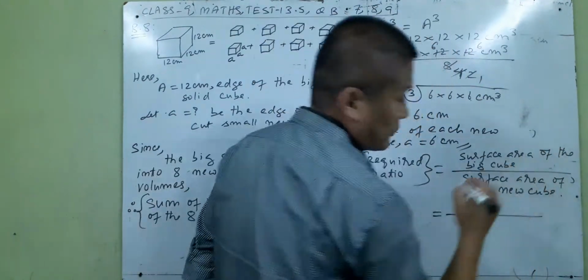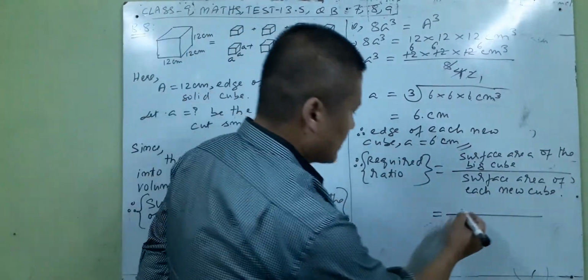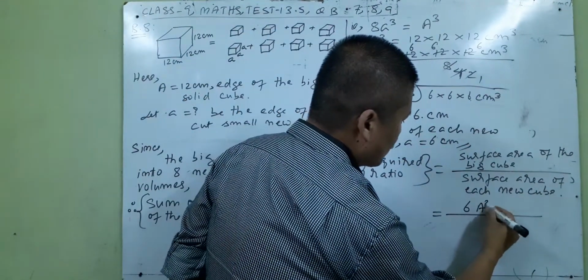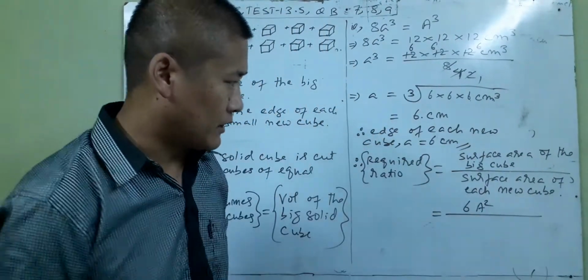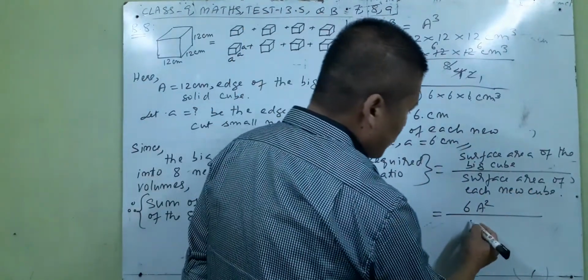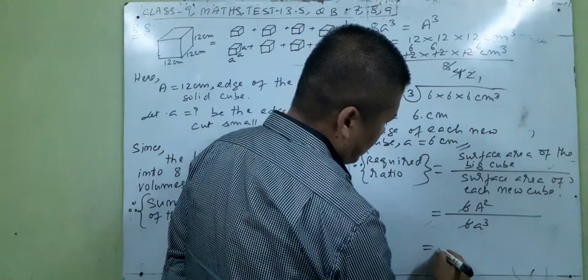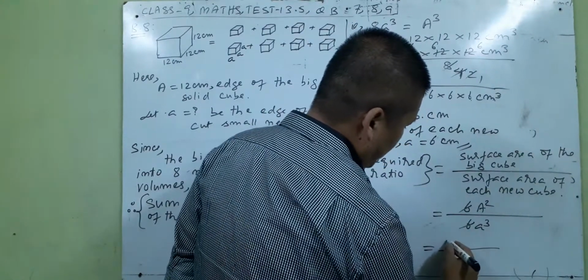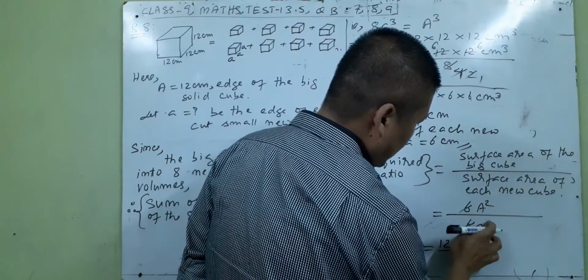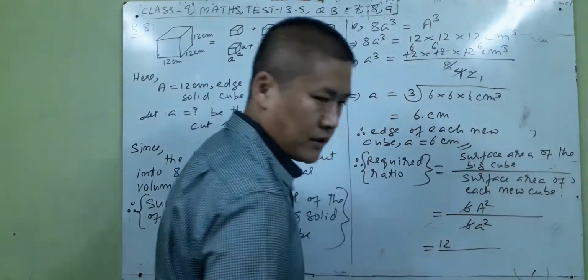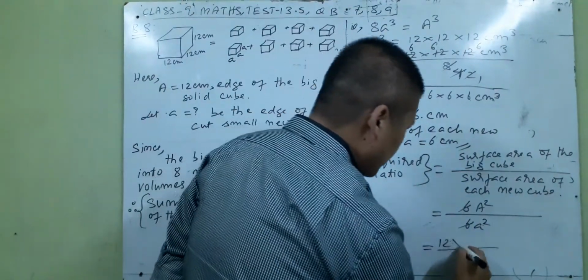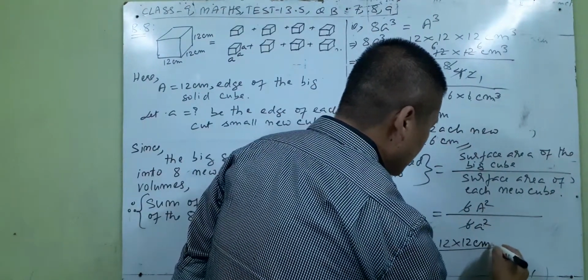Now apply the formula of surface area of a cube, and you know this is 6a square. That's the formula we discussed in the beginning of the chapter. And the surface area of each new cube will be 6 small a square, sorry, not cube, here's a mistake, a square. For the big cube, 12 into 12, and the double dot means centimeter square.